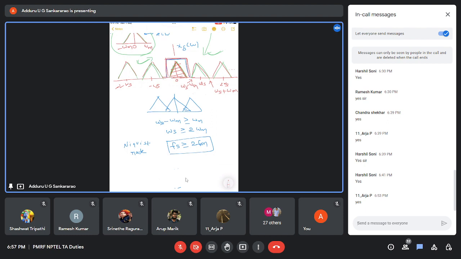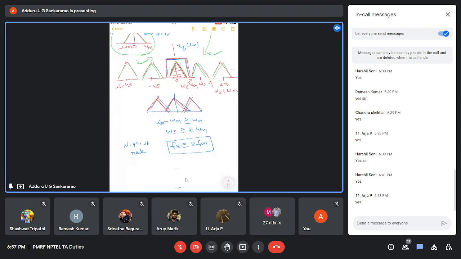Now for that to happen, what is the condition here? If the sampling frequency is very low, then the shifted versions of x of omega are closely placed. What will happen? There is an overlap here, right?